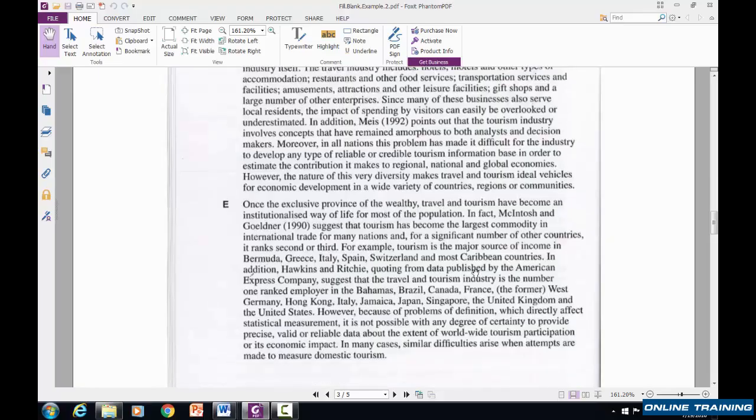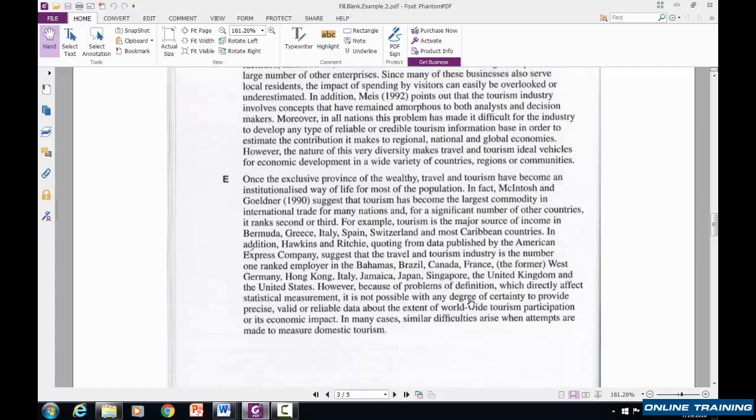So we know after that we're looking for a sentence with Jamaica, and there we have it right there. All right, so in addition, Hawkins and Ritchie, quoting from data published by the American Express Company, suggest that travel and tourism is the number one ranked employer in the Bahamas, Brazil, Canada, France, West Germany, Hong Kong, Italy, Jamaica, Japan, and other countries.